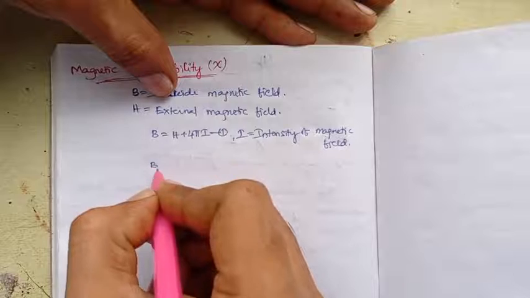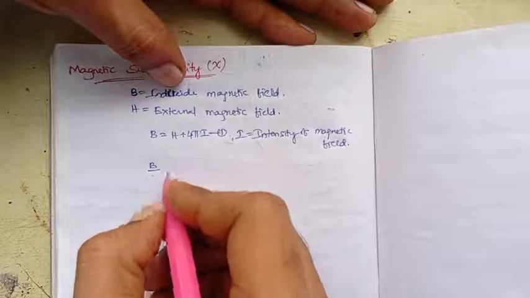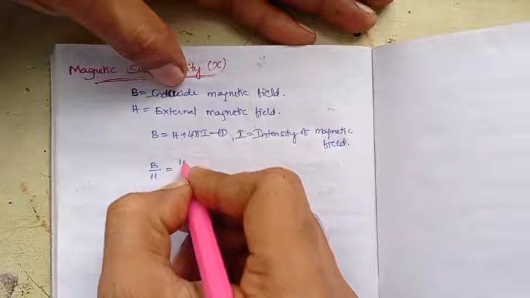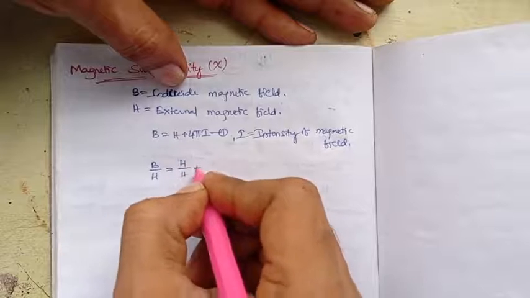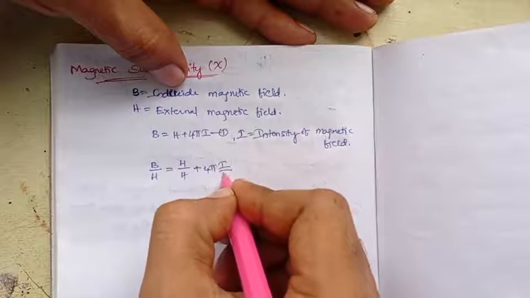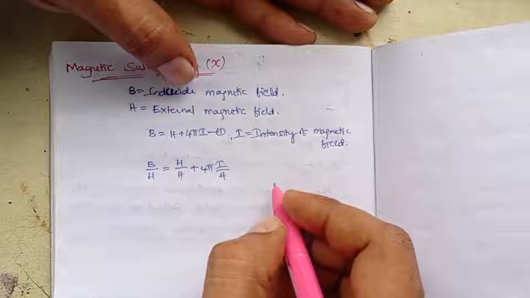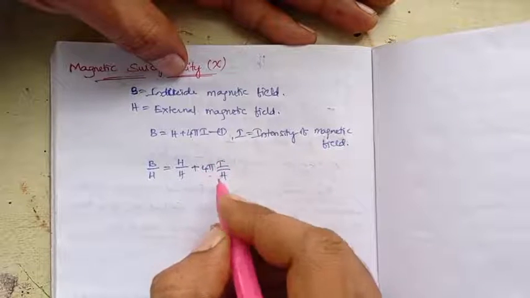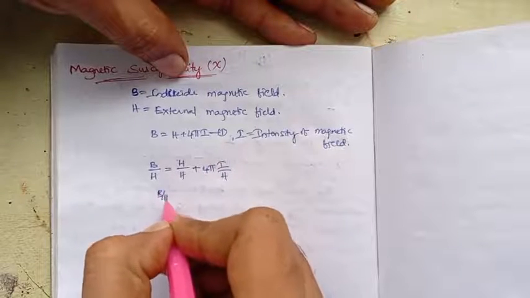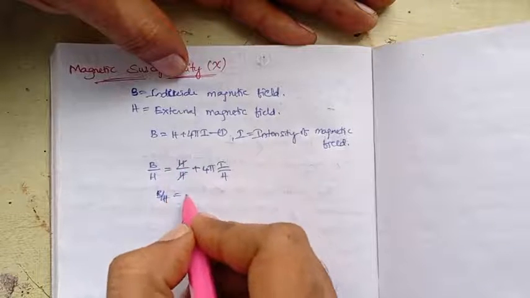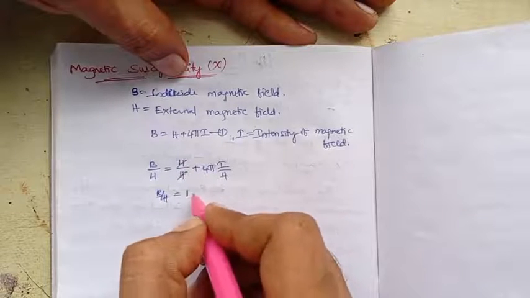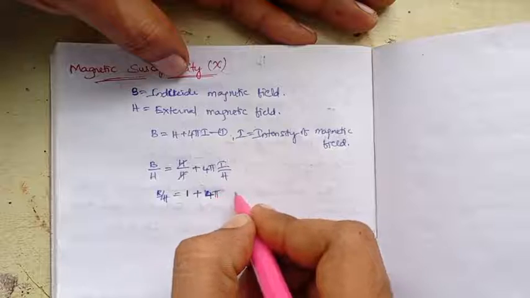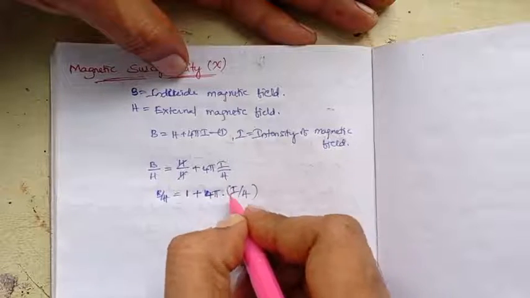Dividing equation number 1 on both sides by H, the external magnetic field, B by H is equal to H by H plus 4 pi I by H. H by H gets cancelled and it results in 1 plus 4 pi into I by H, right?